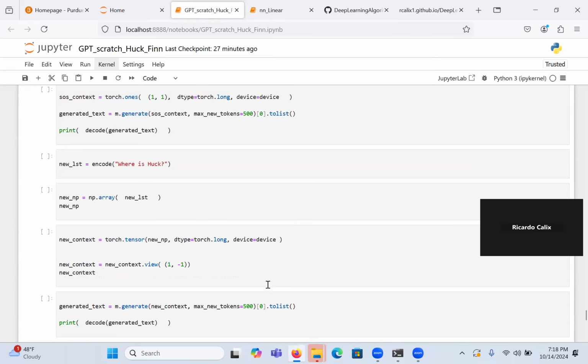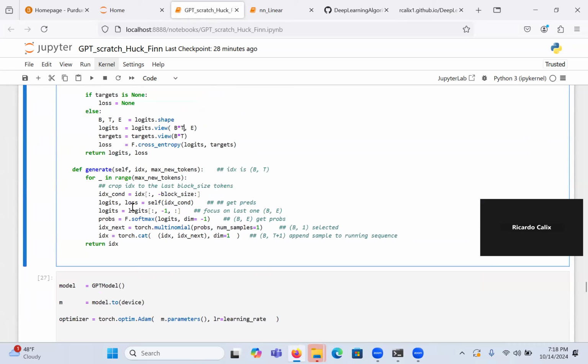All right, so then let's go back to generate here. We make sure it doesn't go over 40. We give it the input, n by 3, it produces output, and then we grab the last one, and it goes through softmax. Then we select the highest one, and that ID gets added to this, and we just keep doing that.